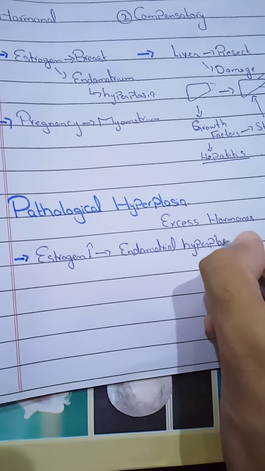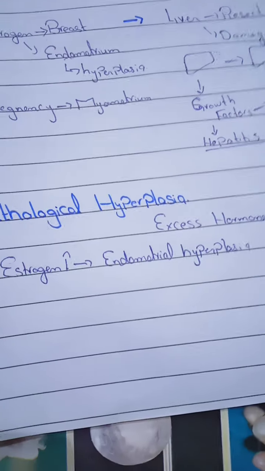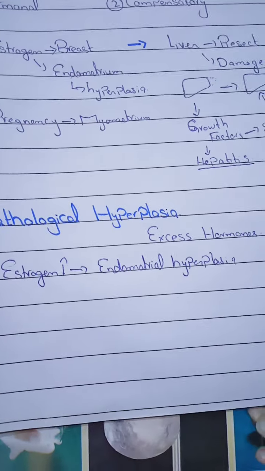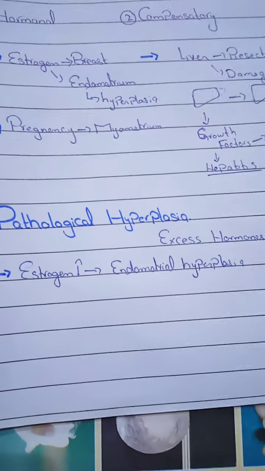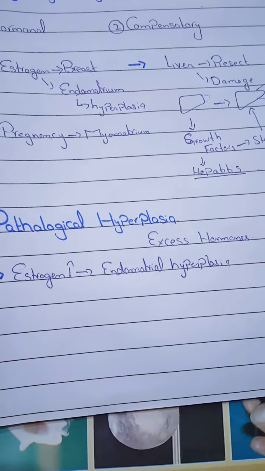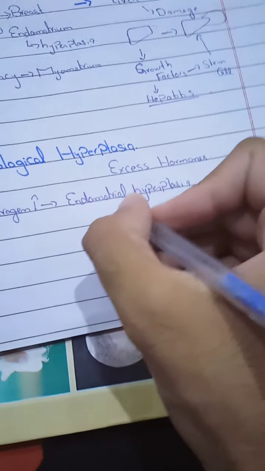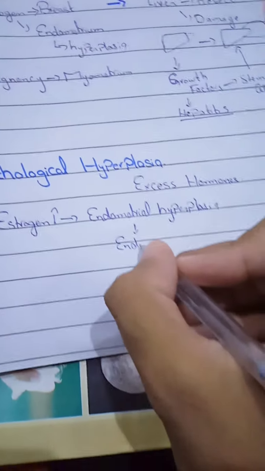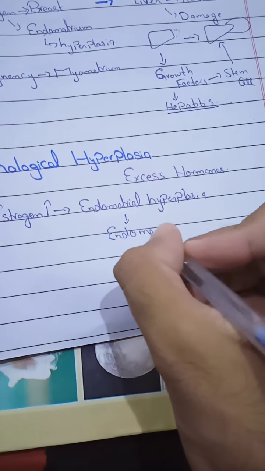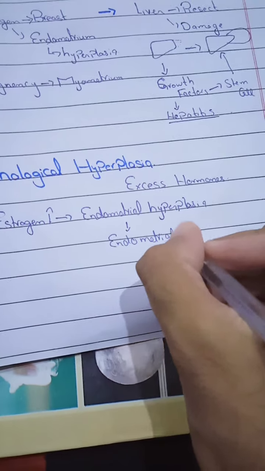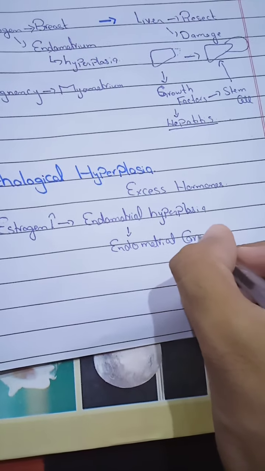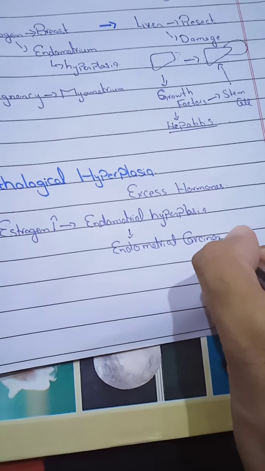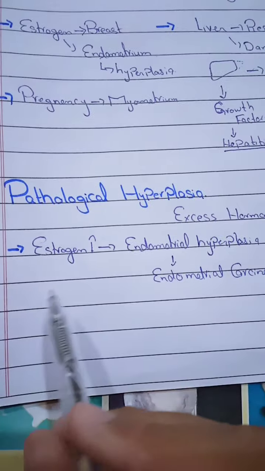If the hyperplasia persists for a long time and we cannot treat it, then what is the complication of this? Then there may be endometrial carcinoma, cancer also caused by the high estrogen level.